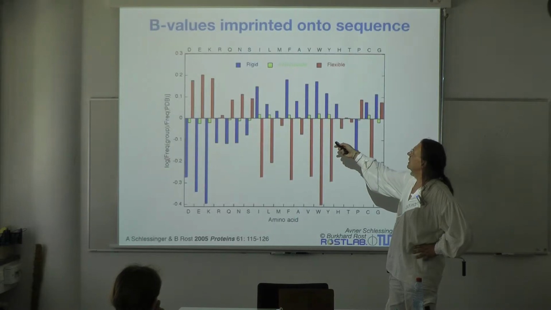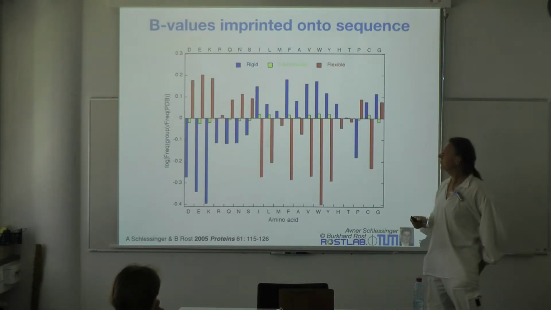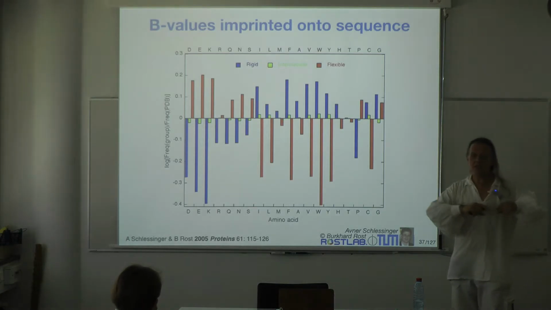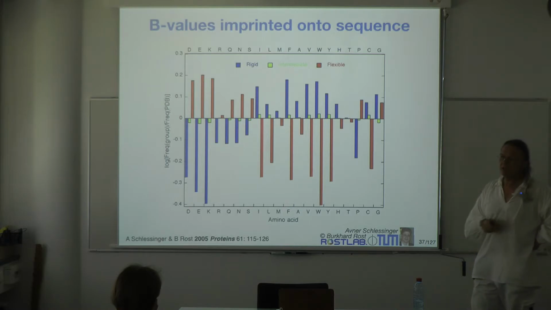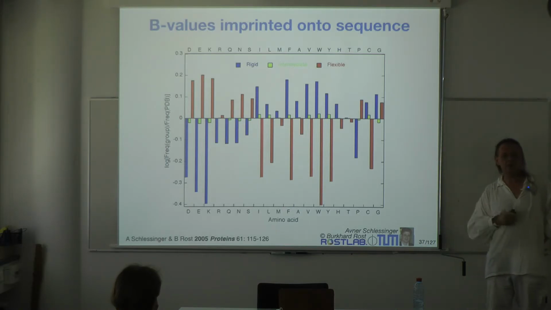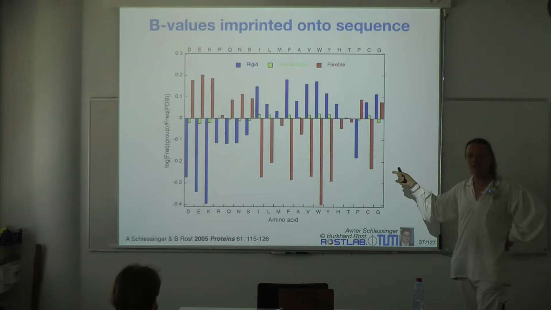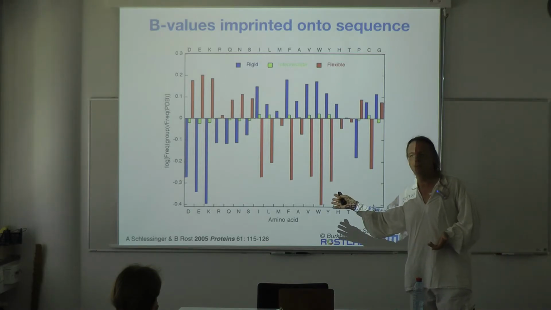And you see that everything in between, the green, that's a deviation, a difference from background. You see that the greens are essentially at 0. But both the rigid and the more flexible ones, there is clearly a difference between different amino acids. So just looking at an amino acid already gives you a method that somehow can predict it.